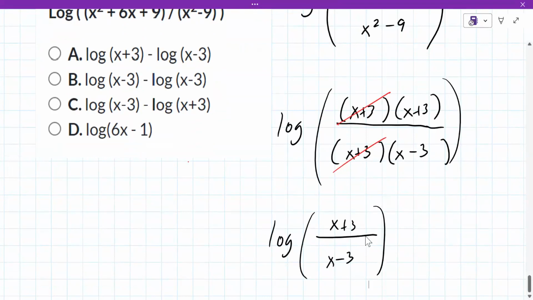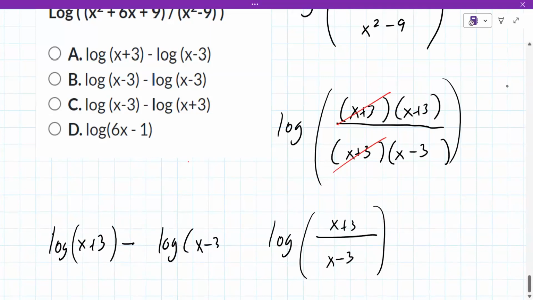We did this in an earlier problem where we turned something into a quotient. Do you remember what becomes a quotient? I think you have to write log of x plus 3 minus log of x minus 3.